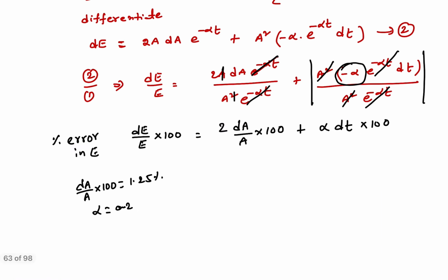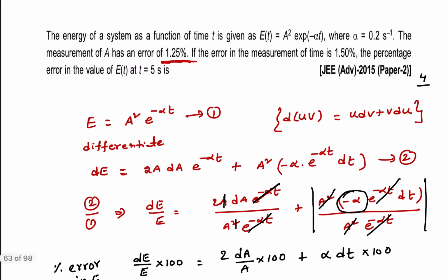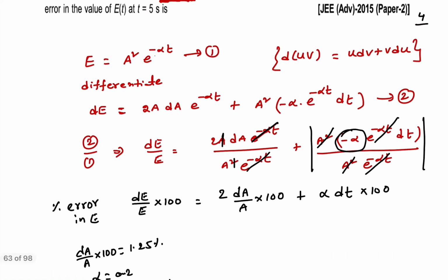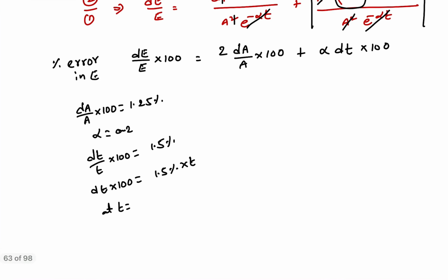And the error in the measurement of time, dt/t into 100, is 1.5 percentage. So dt into 100 is equal to 1.5 percentage into t.